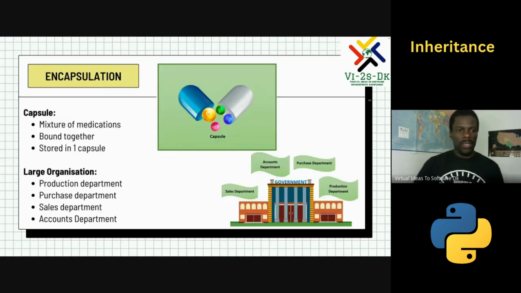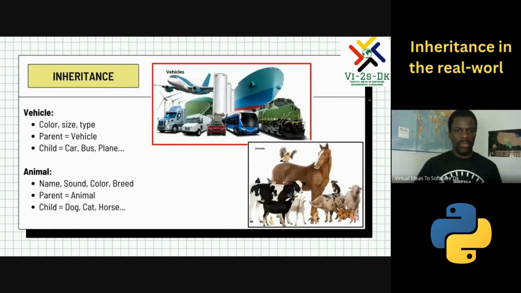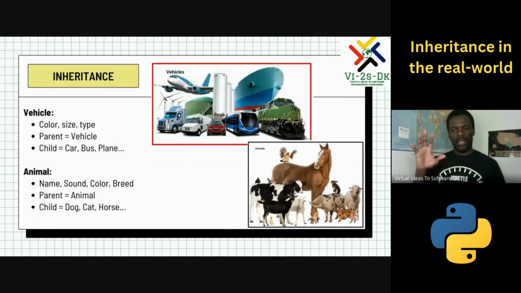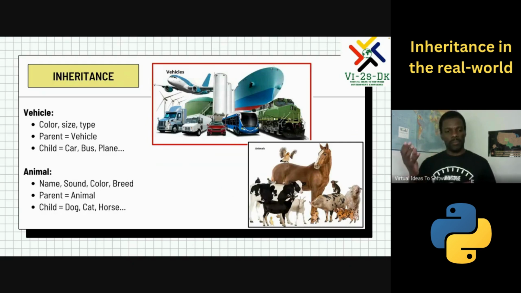All right, so let's jump further into inheritance. With inheritance, we can create a class, which is a vehicle class. That class will have multiple attributes like color, size, the type of vehicle, but then we can have children, right? We can have classes that are going to inherit from that vehicle class.